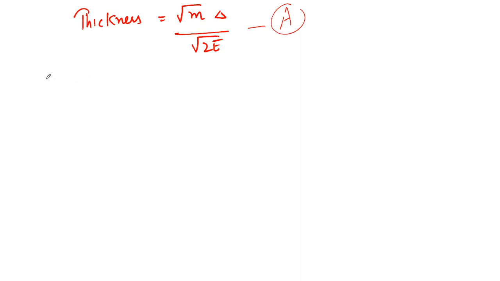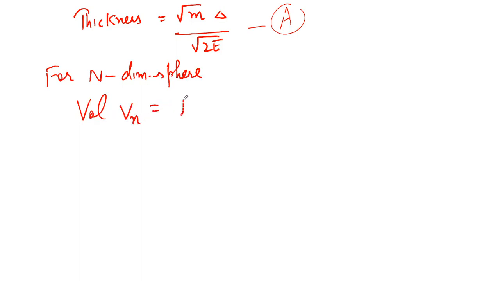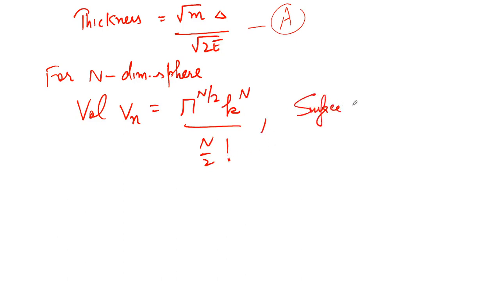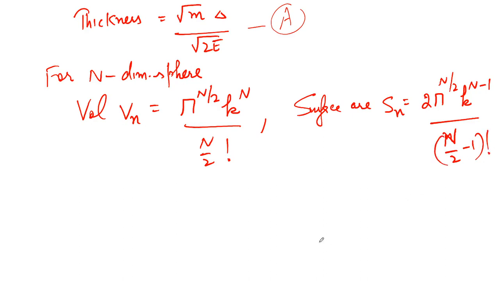We know that for an n-dimensional sphere, the volume is of the order of pi to the power n by 2, r raised to the power n, over n by 2 factorial, and similarly the surface area for an n-dimensional sphere is equal to 2 pi to the power n by 2, r to the power n minus 1, over n by 2 minus 1 factorial, or the gamma function.